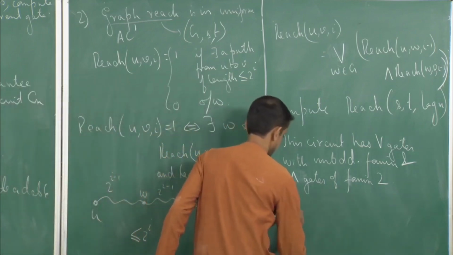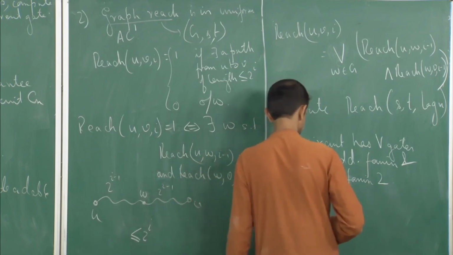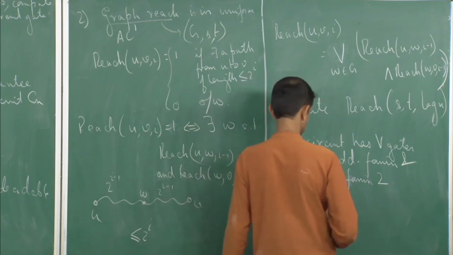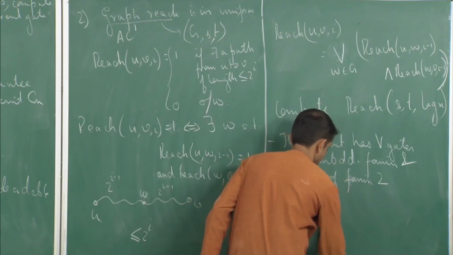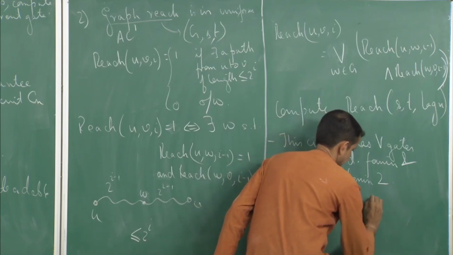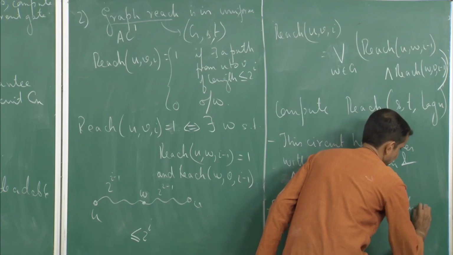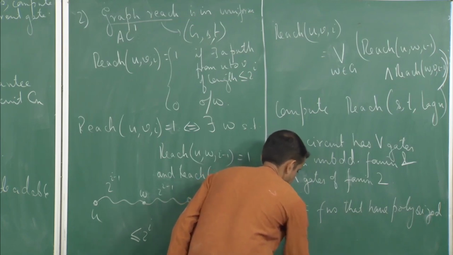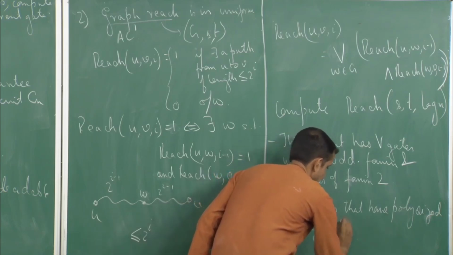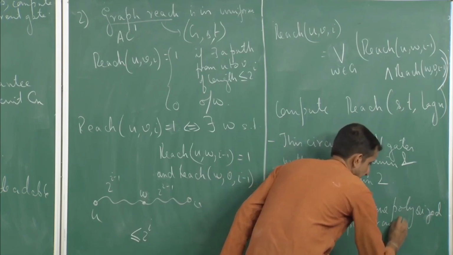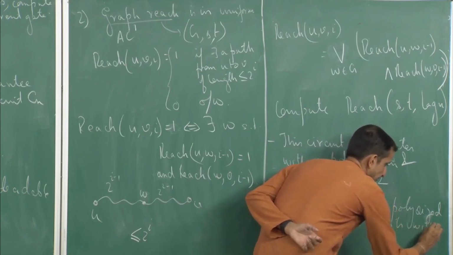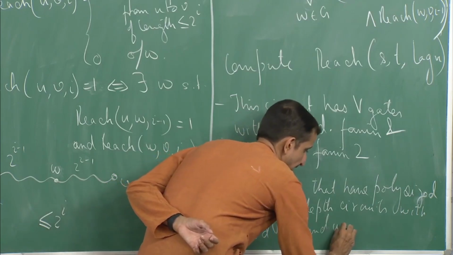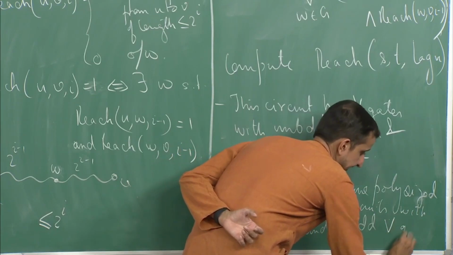So, SAC1 is the class of functions that have polysized, order log to the power 1 n depth circuits with bounded AND and unbounded OR gates.